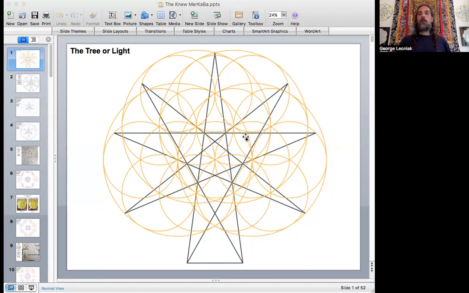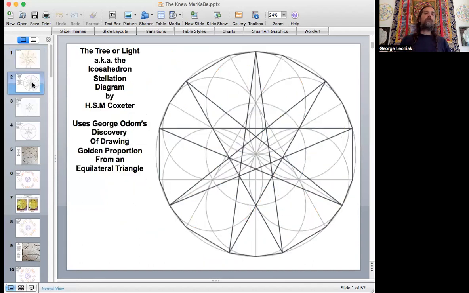It was this nine-pointed star, and it was about the 59 stellations of the icosahedron, which are some incredible models that you can construct by using this as a cutting template. It was first brought to geometry by H.S.M. Coxeter and his team, who produced the stellation diagram back in the 1950s.